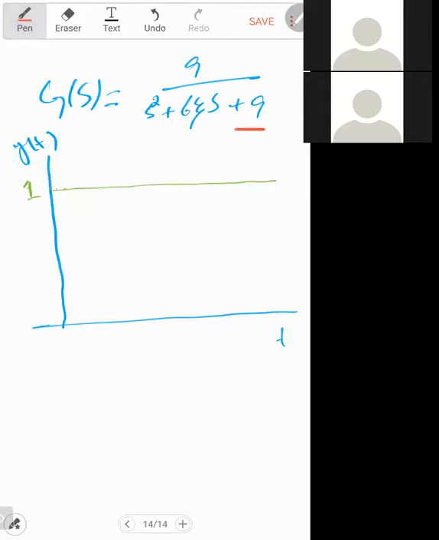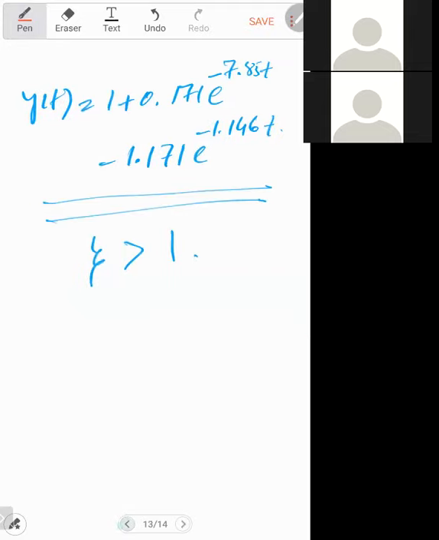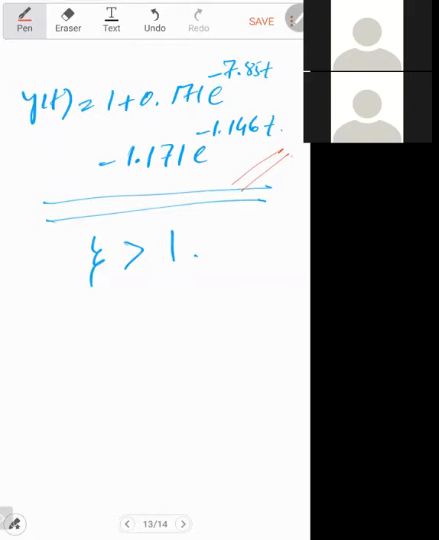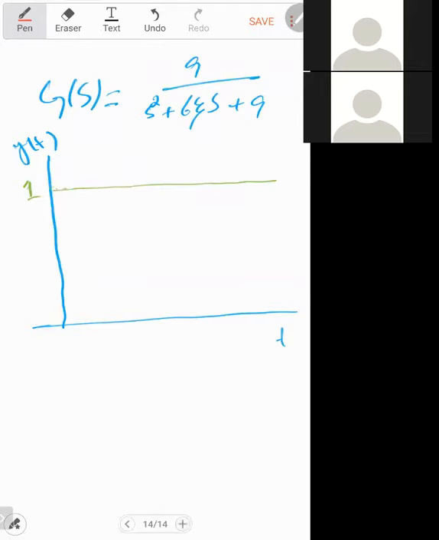If zeta is equal to 1.5, and if you use the same expression which we developed earlier and plot it, you will get this expression. So this is for zeta equal to 1.5.